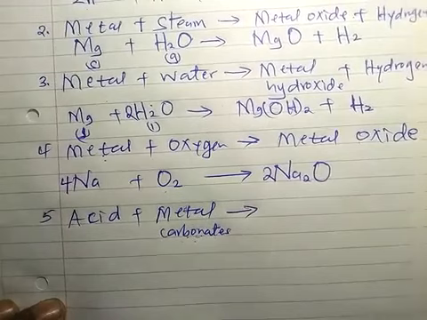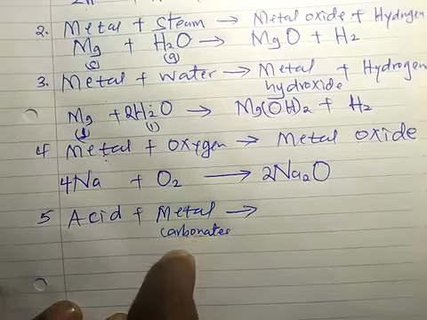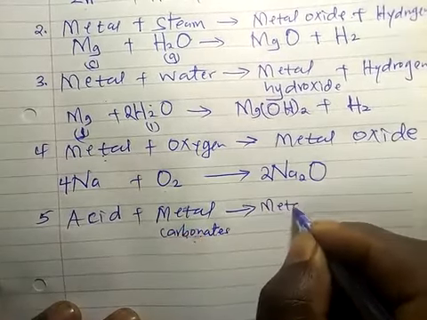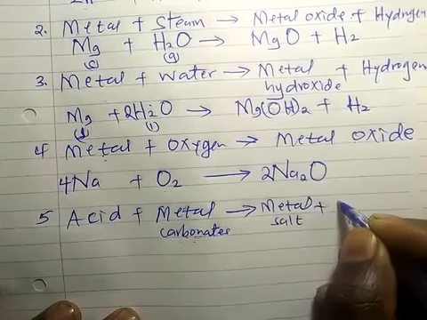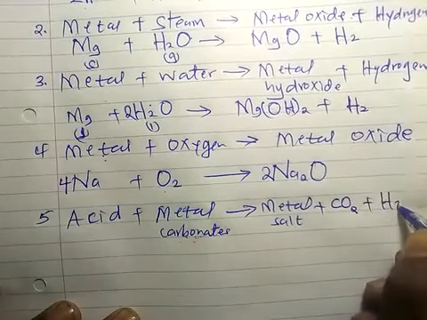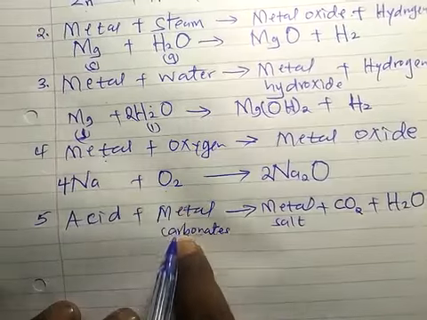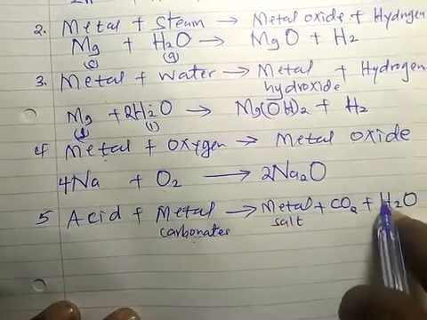So what does it give you? If it is any acid that is reacting with a metal carbonate, you should expect the metal salt, carbon dioxide, and then plus water.